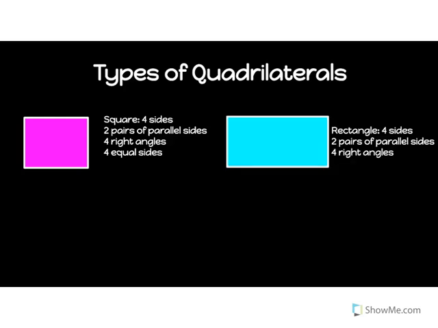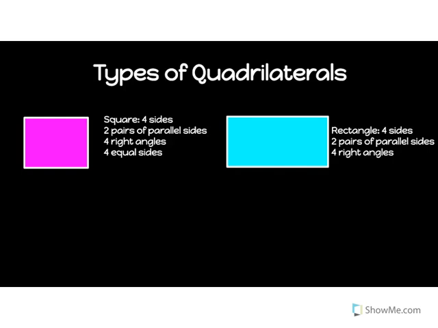Another type is a rectangle. Rectangle is another shape you've been working with probably since kindergarten. So a rectangle is any shape with four sides and two pairs of parallel sides, and it has to have four right angles.